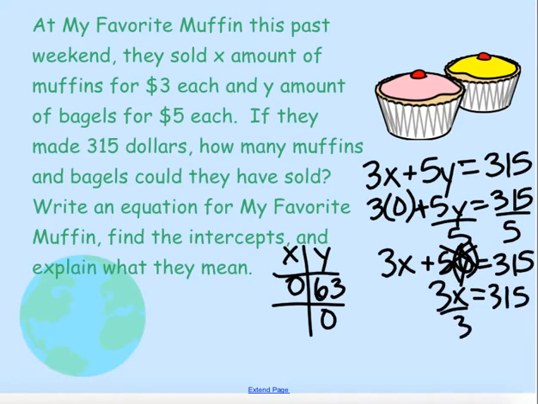We divide by 3, and we get 105, I believe. So with these, what we're saying is if we just wanted to make $315, we could sell 0 muffins and 63 bagels, or we could sell 105 muffins and no bagels. Really, anything in between that would get us to the 315 is possible as well, but these are our extremes.